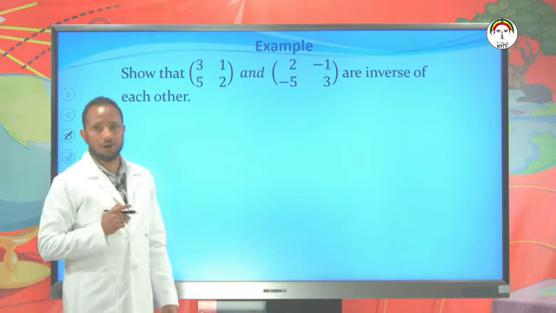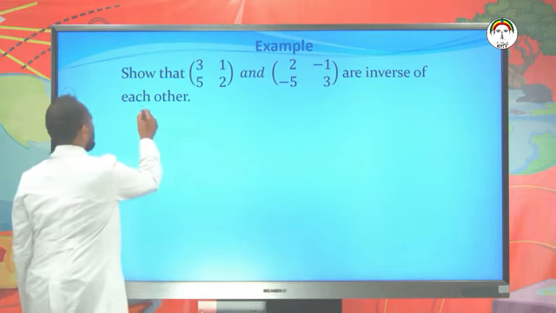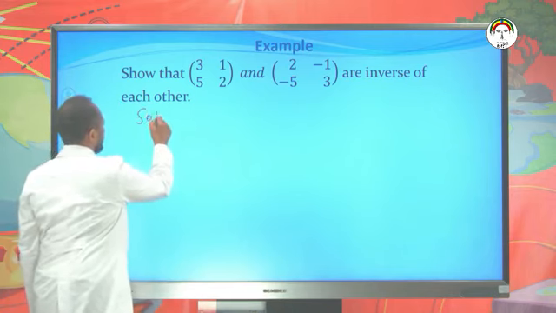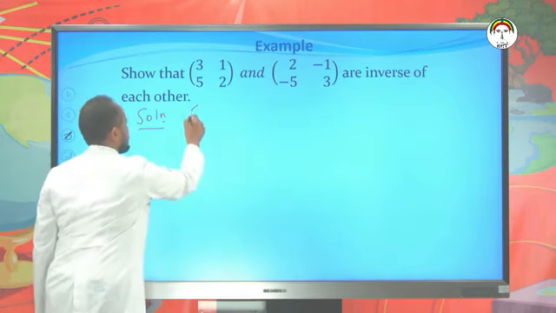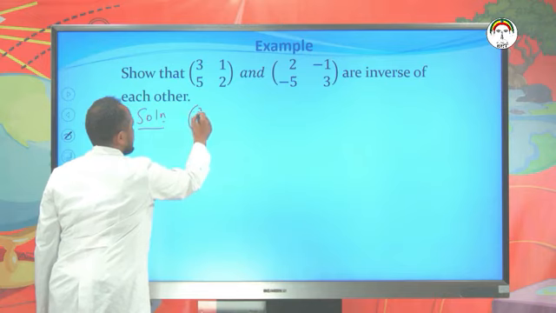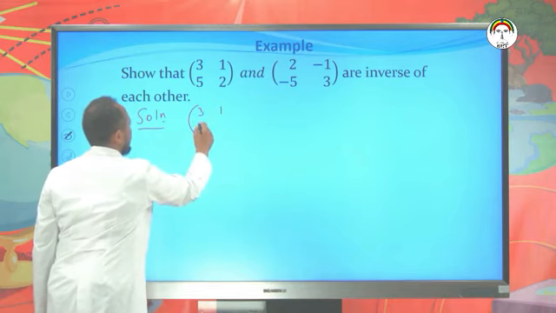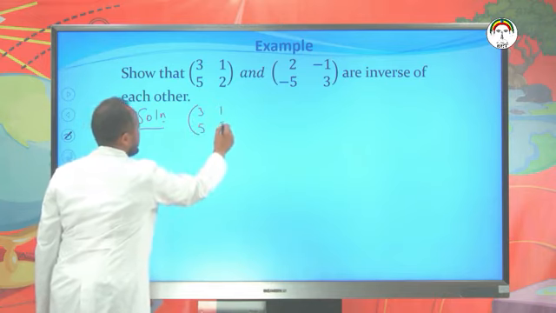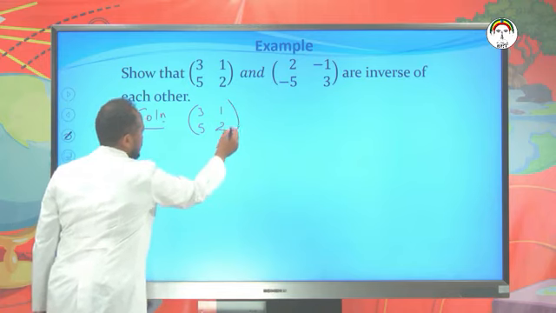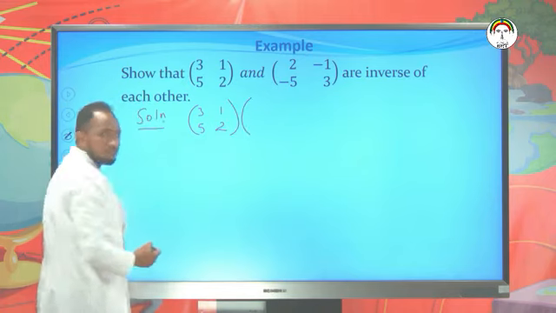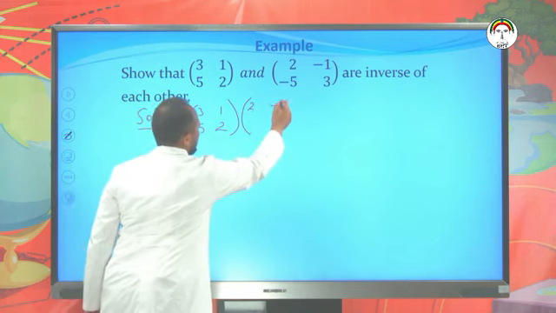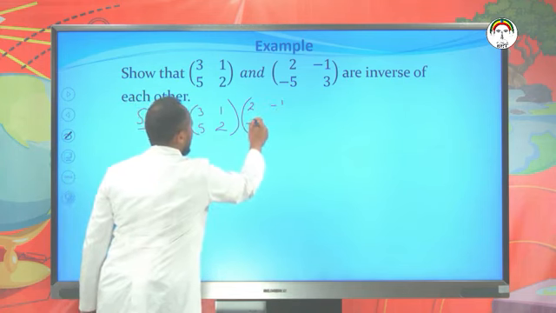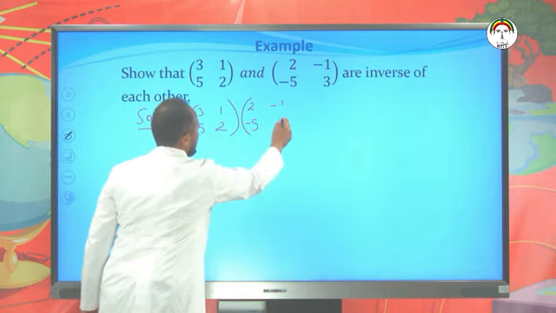So let's check this. Solution. Take the first matrix, 3, 1, 5, 2, times the other one, 2, minus 1, minus 5, and 3.